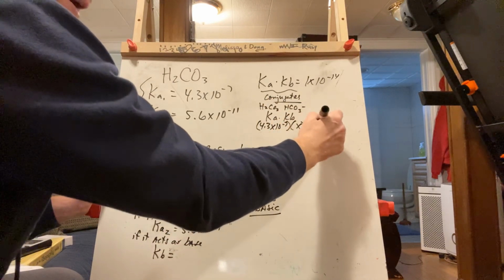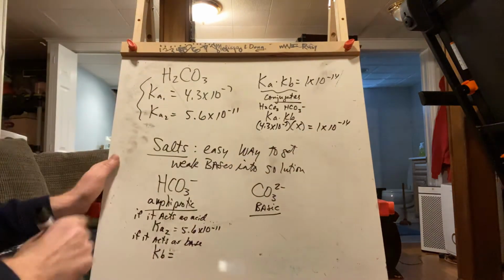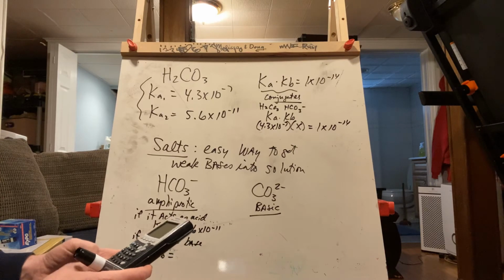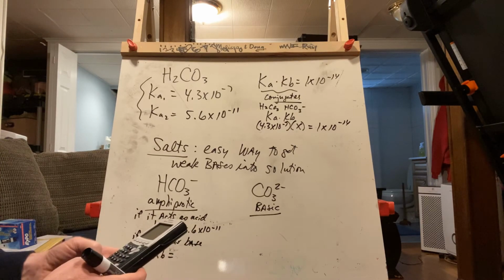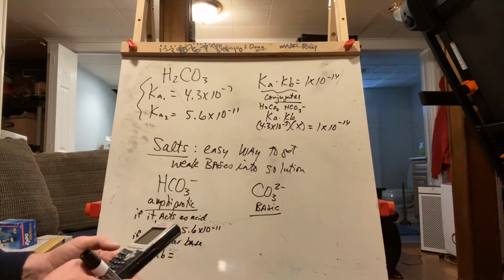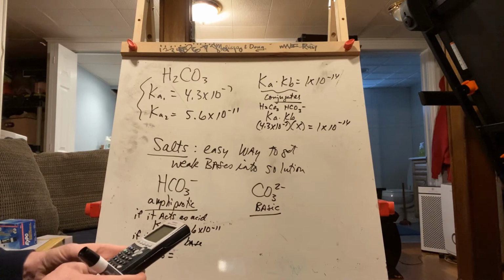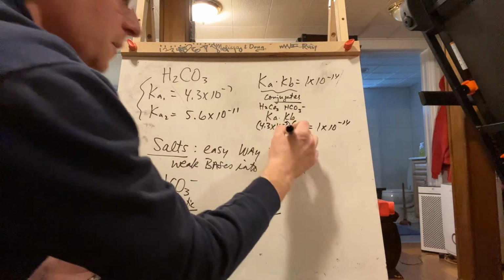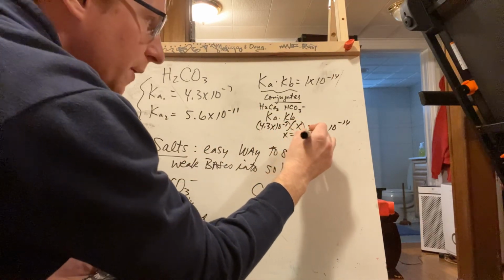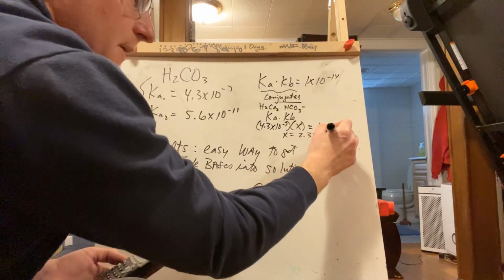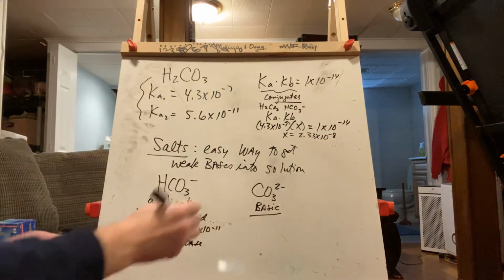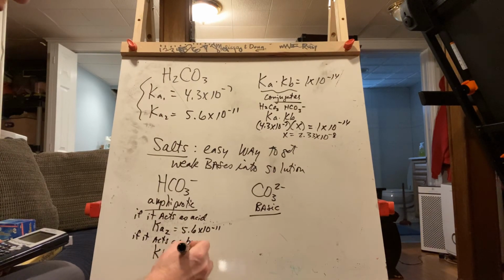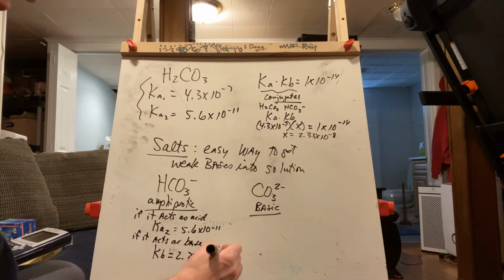I'm trying to find my Kb, so 1 times 10 to the negative 14th divided by 4.3 times 10 to the negative 7th. That gives me x equals 2.33 times 10 to the negative 8th. So my Kb of HCO3 minus would be 2.33 times 10 to the negative 8th.